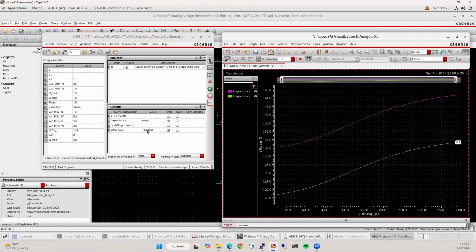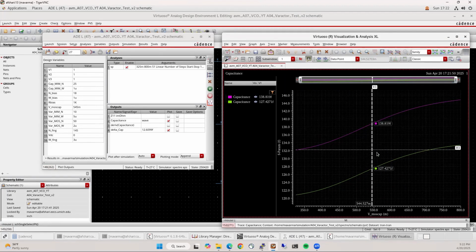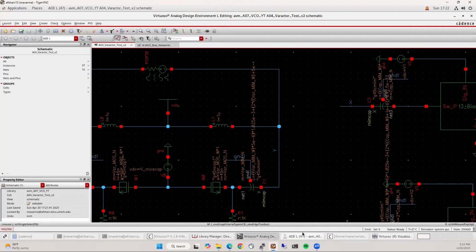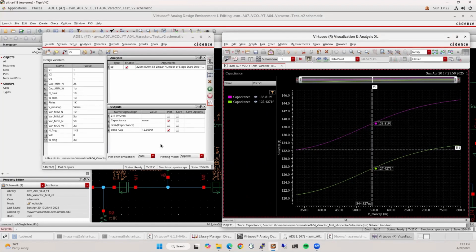So the delta capacitance is still around 20 femto, and if you put a vertical line, you can see this is the CLSB basically. It's around 11 femto, right? So 11 to 12. It's not exactly 15 femto as we expected, so this should be maybe a bit larger. And you can do that by increasing the size of the mim caps, so you get a higher overlap like these guys, right? But in this case, I'm just going to go with this.